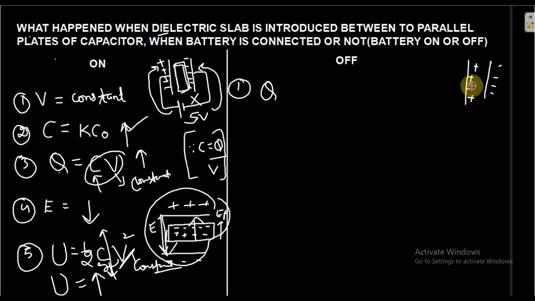Suppose here charge positive Q is there and negative Q charge is there. In this condition, these plates of the capacitor are not getting any charge and they are not doing any work. So the charge will remain constant in this case. So Q remains constant.